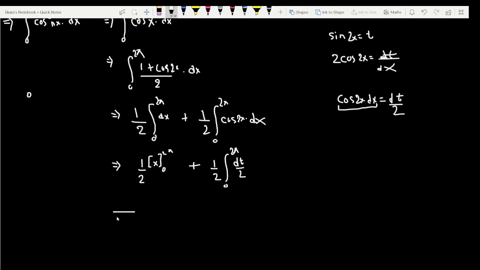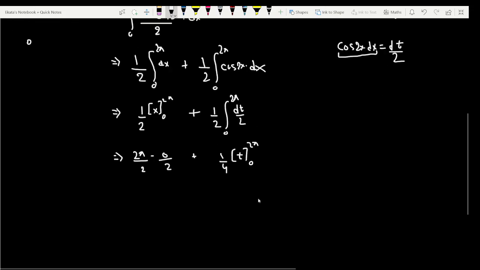Now if I put the value of x as 2 pi, it becomes 2 pi divided by 2 minus 0 by 2, and taking the 2 outside of the second integral, it becomes 1 by 4, and the integral of dt is t, from 0 to 2 pi.